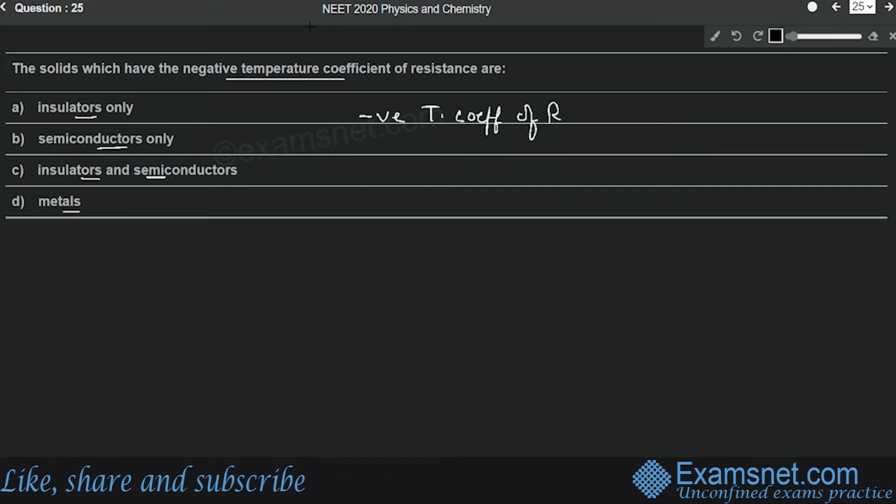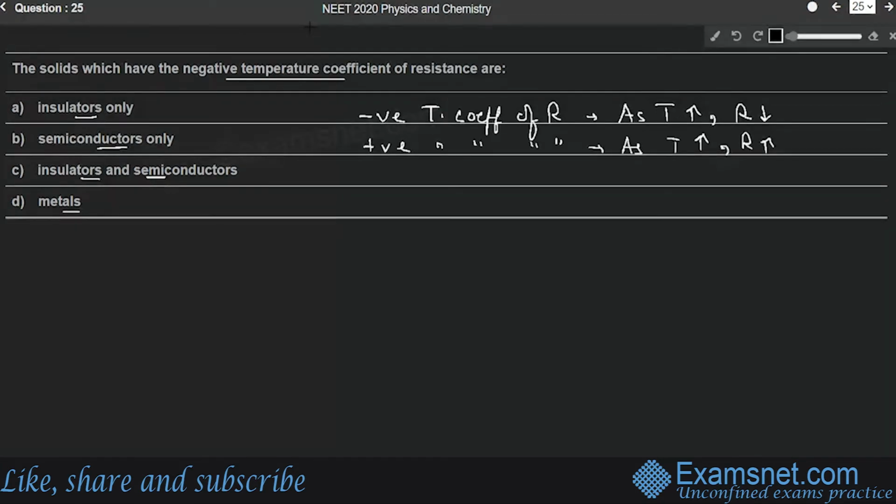It means that the resistance of the material decreases with the increase in temperature. Whereas in case of positive temperature coefficient of resistance, the resistance increases with increase in temperature.